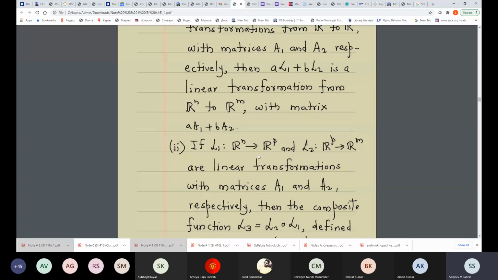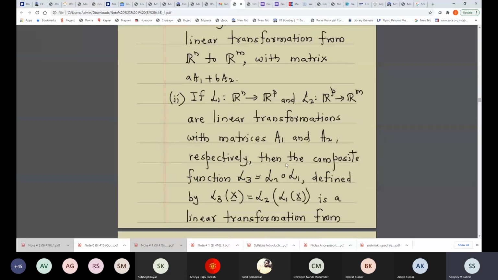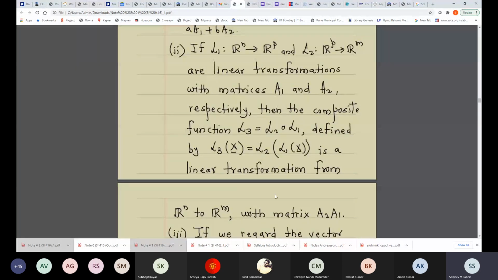If L1 is a transformation from Rn to Rp, and L2 is a transformation from Rp to Rm, these are linear transformations with matrices A1 and A2 respectively, then the composite function script L3, which is L2 composed with L1, defined as L3x equal to L2 of L1x, is a linear transformation from Rn to Rm, and the corresponding matrix is nothing but the product of the matrices A2 and A1.